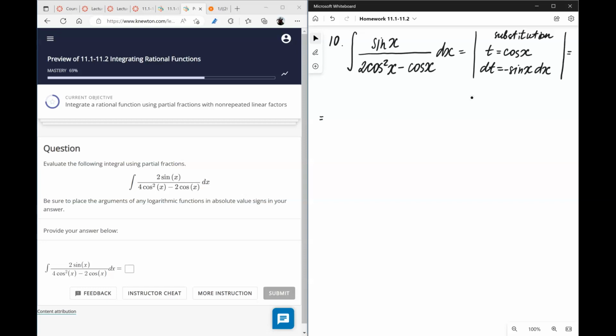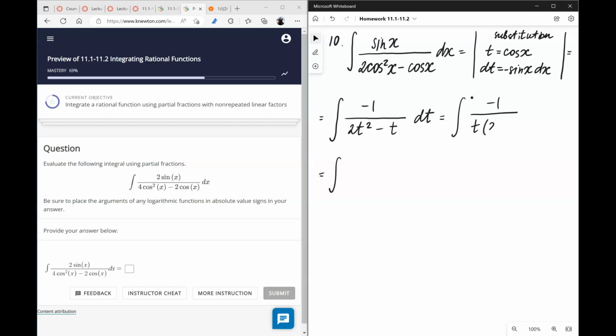meaning that the original integral now becomes negative 1 dt, and in the denominator we have 2t squared minus t. This, by the partial fraction decomposition theorem, can be decomposed into, well, first of all, how do I know I have to use the partial fraction decomposition theorem?